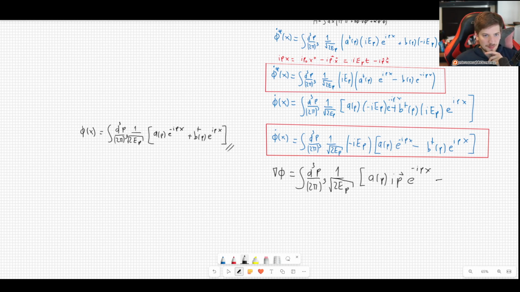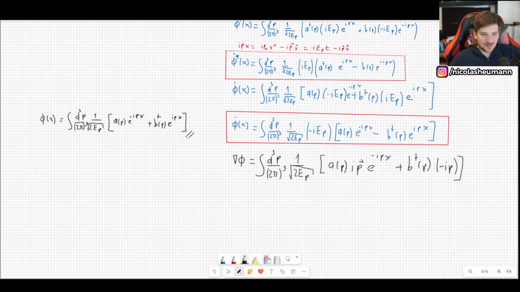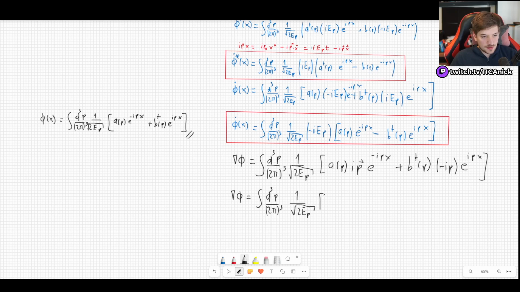And then we have plus b dagger. And this time, since it's positive, we have a minus sign there. So this is going to be minus ip. Okay. So now, oh, and I can't forget about the exponential. I tend to forget about them, so let's not. e to the ip·x. So now let's factor out ip from this. So here goes ip.